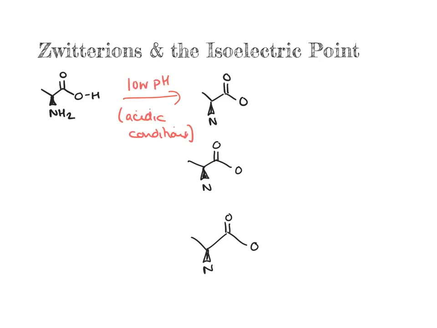So acidic conditions, low pH, means we have got H pluses available. And what will happen is your acid will stay as an acid, because there's plenty of H plus around for it to do so, while your amine group will become protonated. So it picks up an H plus, it acts as a base, and it gets a positive charge.